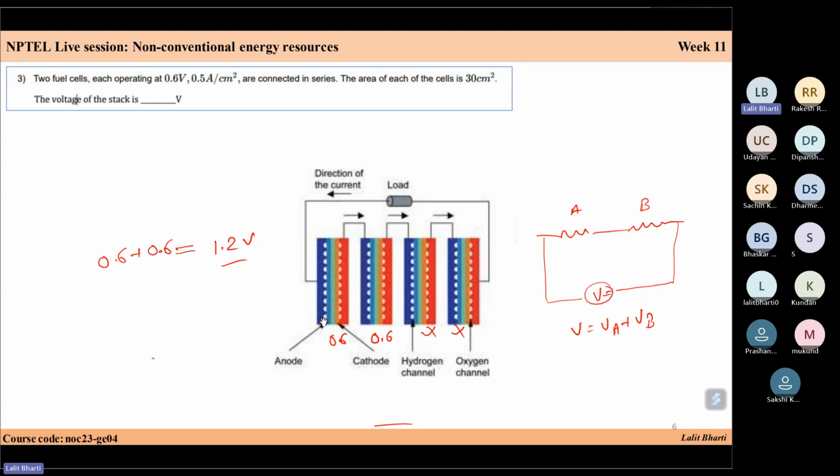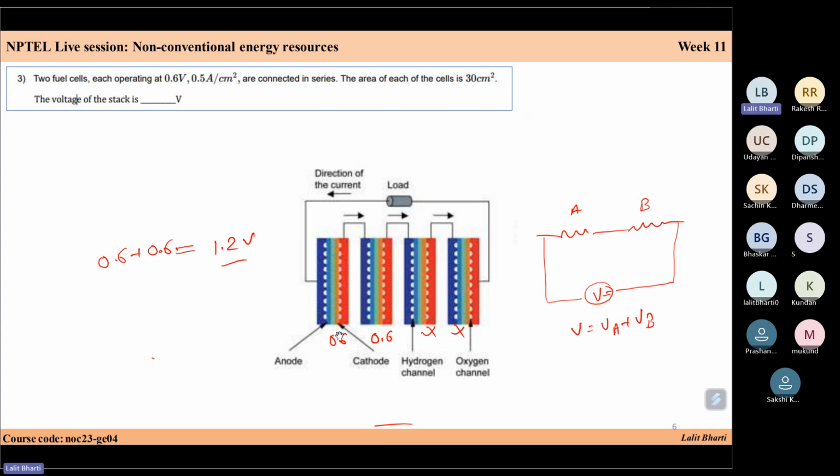The area of each cell is 30 centimeter square. So you can just calculate the voltage of this stack. I have not calculated it, but you can calculate. If you have 30 centimeter square, just multiply 0.5 by 30. So the current output will be 6 ampere, sorry, 0.6 ampere for each cell.